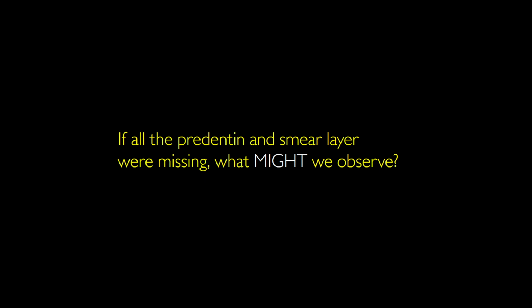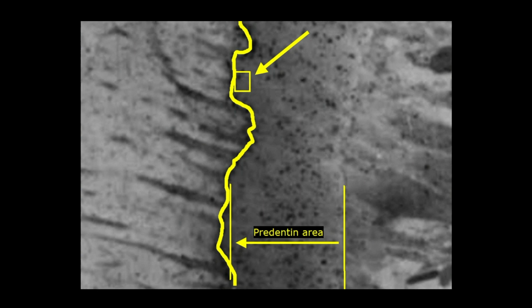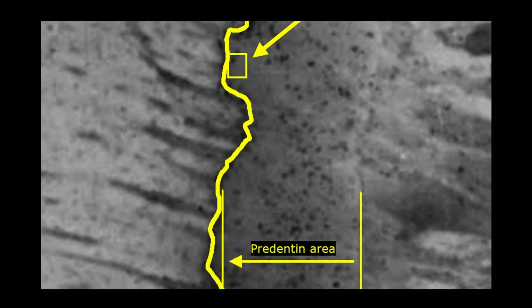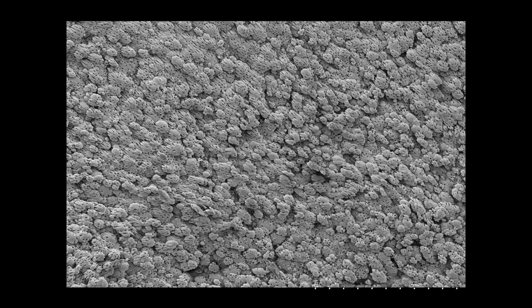So to examine more closely, let's pretend that we're looking at the mineralization front right where that square is. And all of the predentin other than in that square is gone. What would we actually see? And if you're in relatively young dentin in the coronal part, this is what you'll actually see.